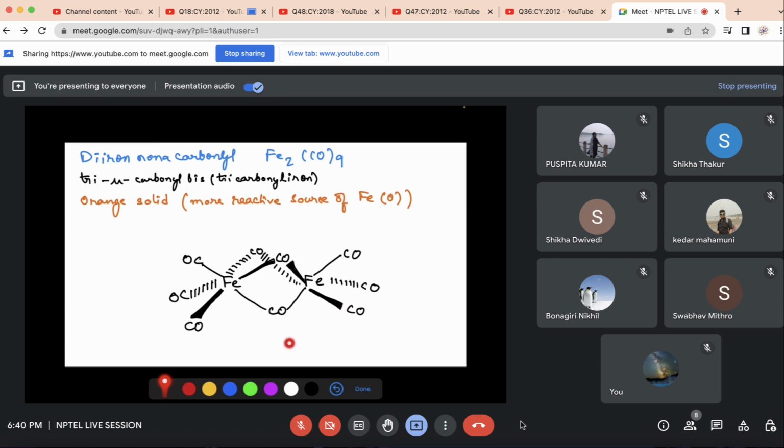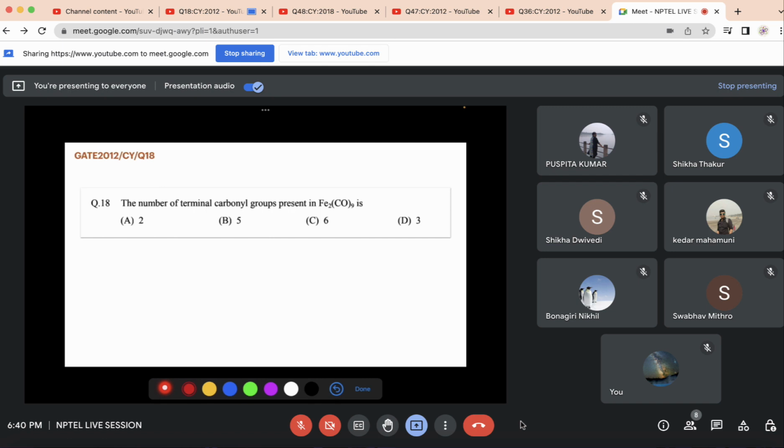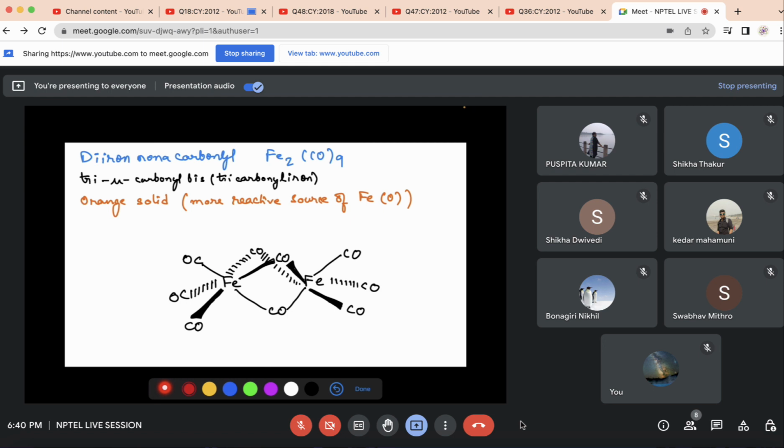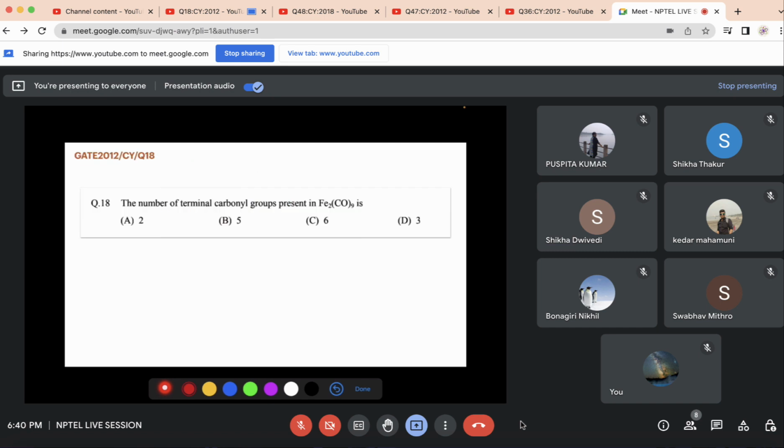So this is the structure, and from here we get the answer to the question asked, the number of terminal carbonyl groups. The terminal carbonyl groups that you can see here are 6 in total. So our correct option is C, 6.